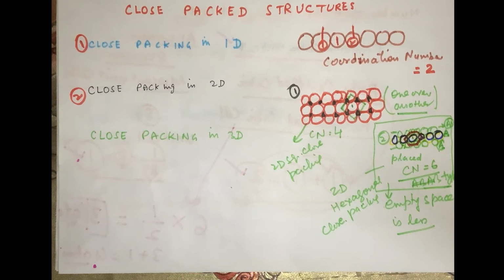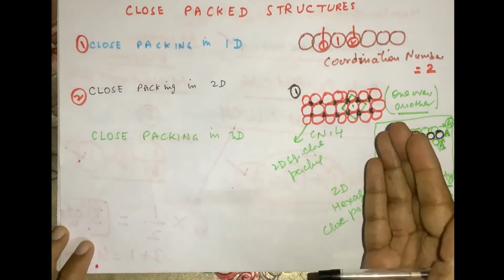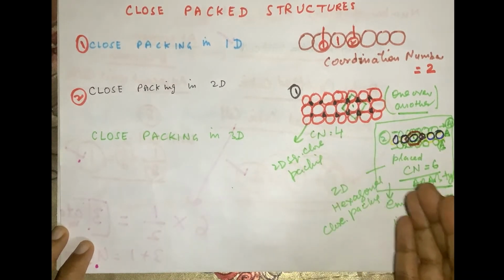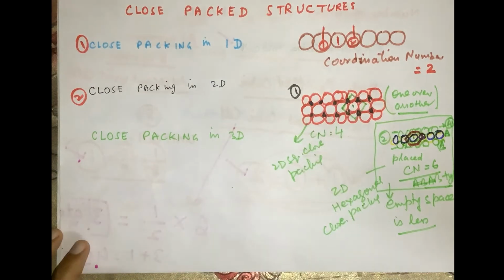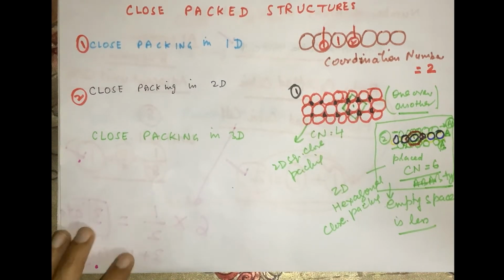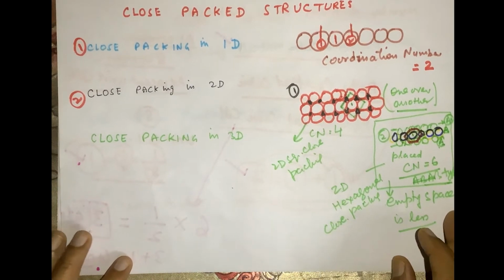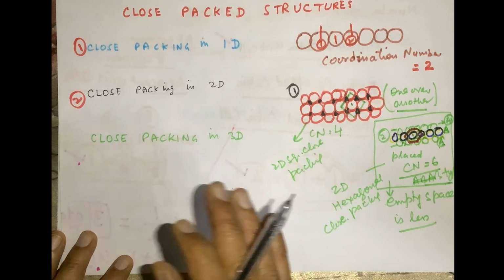Then we have to place another layer of particles over this layer. So the second square close packed layer above the first, we follow the same rule that was followed when one row was placed adjacent to the other.